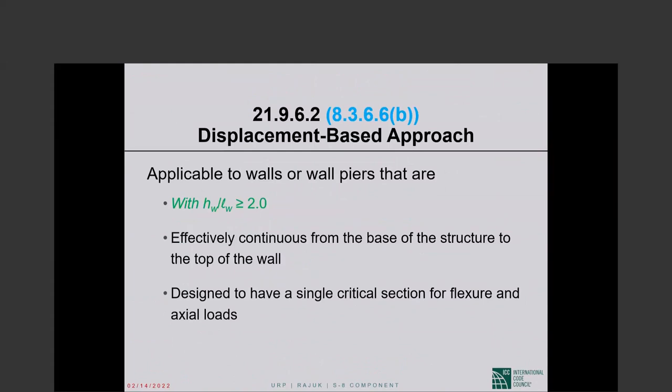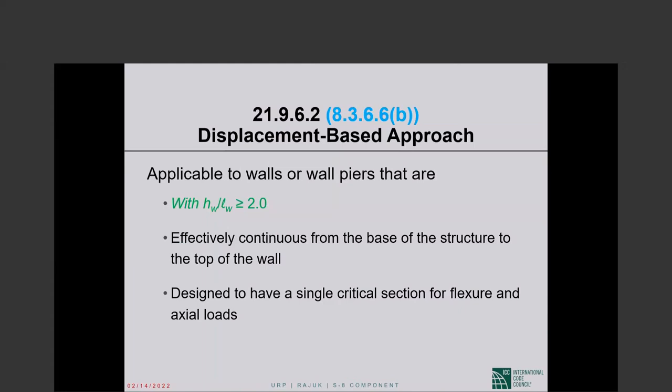Okay, the displacement-based approach 9.6.2 is not applicable to all walls. It is essentially applicable only to cantilever walls hinging at the base. This is my paraphrase of what 318 tells you, but that's what the code tells you.